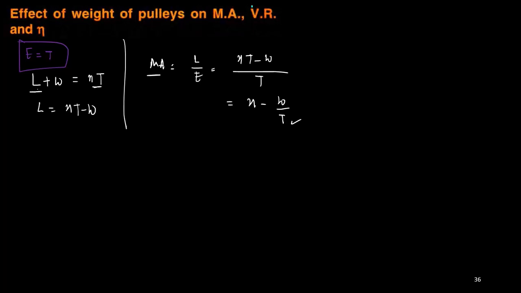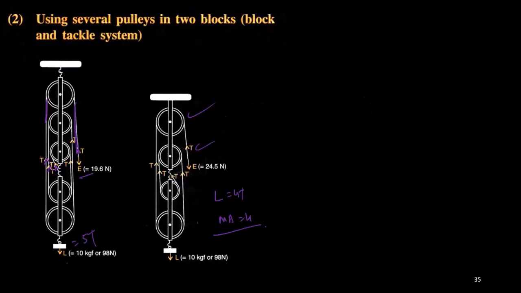Now what is T? T is the effort. In another way, you can write it as the number of pulleys N minus weight divided by effort. In this situation, the mechanical advantage is less. In the earlier situation, the mechanical advantage was 4 because of the total number of pulleys, so the mechanical advantage is equal to N, where N is the total number of pulleys.